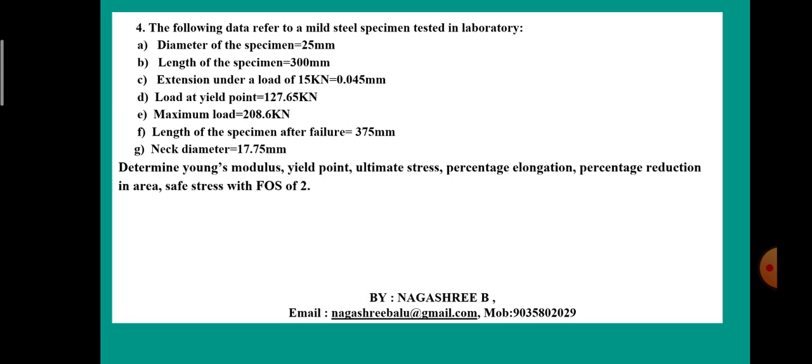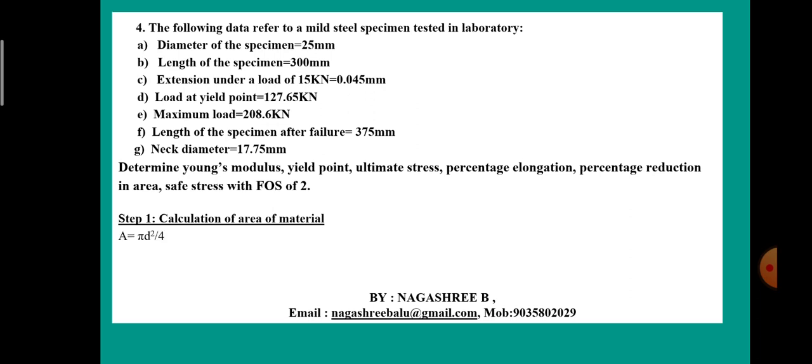Next, they have asked to find the Young's modulus, yield point, ultimate stress, percentage elongation and percentage reduction in area, with a factor of safety of 2, and they have also asked to find the safe stress. The first and foremost step is to find the area of the material.